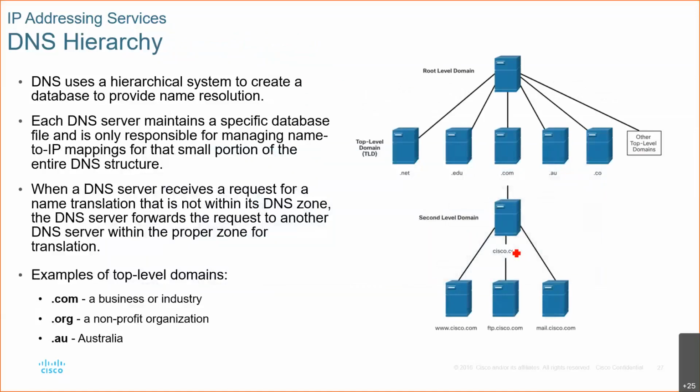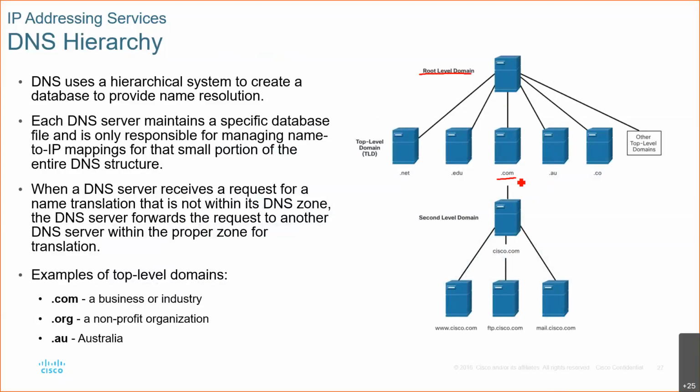So if you're using a DNS server, something like this. For example, you have a DNS server at the root level domain, and each DNS server maintains a specific database file, and depends on which top level domain you're talking about.